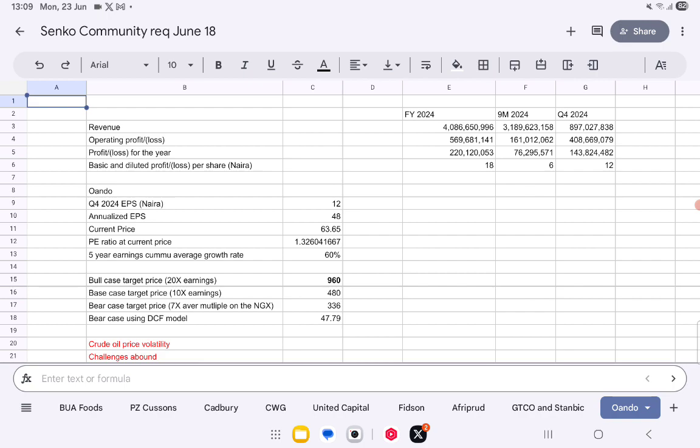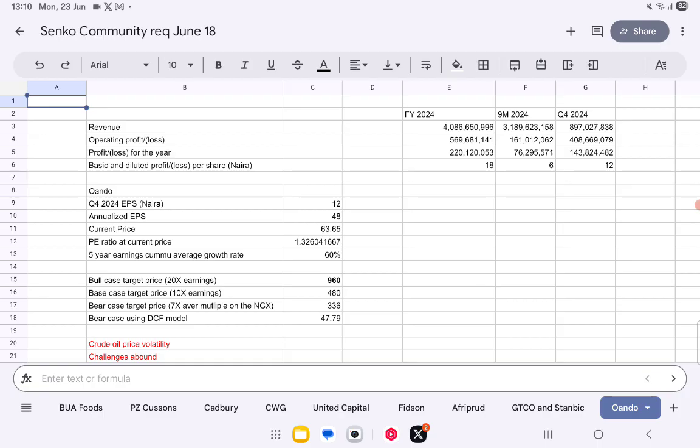Base case earnings, say 10x of full year 2025, get 480. Bear case meaning 7x, trading around where the average P/E ratio is. That gives you 48 by 7. And if my math is correct, that's 336.